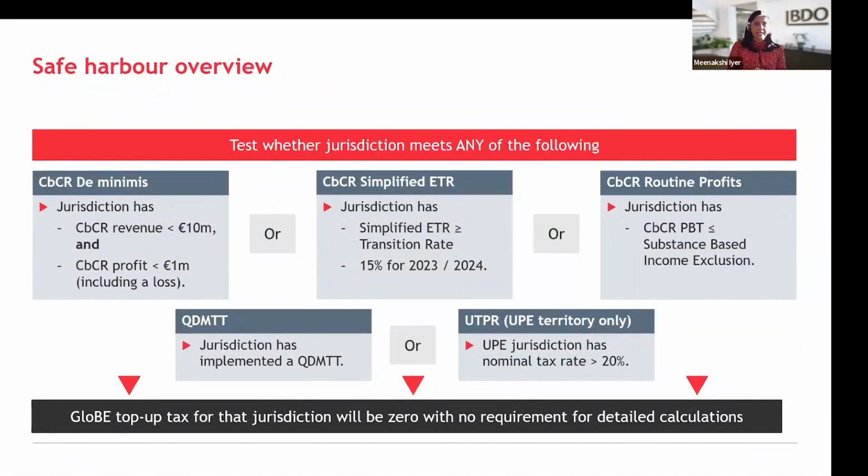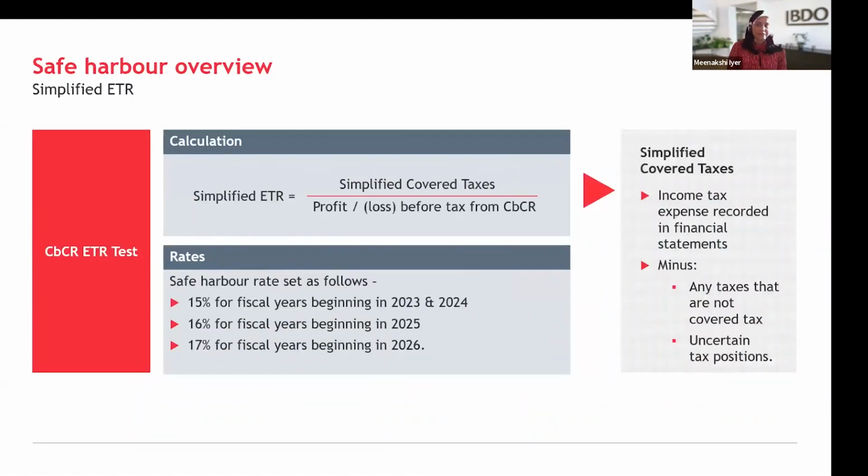The second one is called the simplified ETR using the C by C data. Can you please move on to the next slide for this, please? So the simplified ETR actually uses data from two sources.